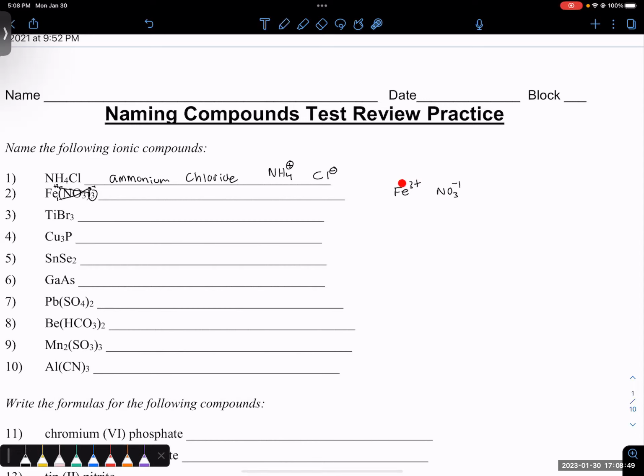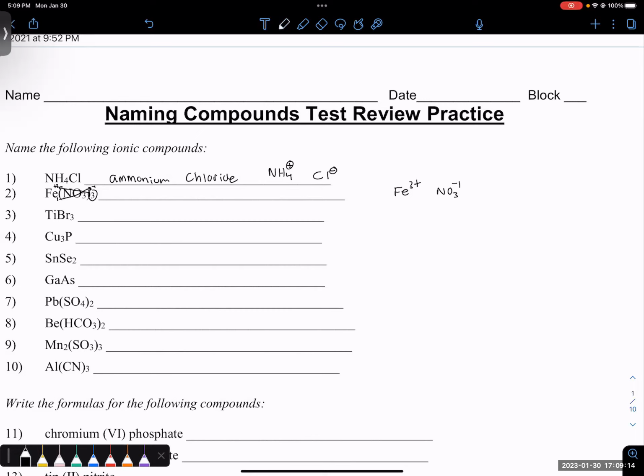So we know this is iron now. What is something we have to keep in mind when we're naming this compound? If it's an ionic compound, because it's 2 ions, what do we have to keep in mind about iron? What do we need to include with it in the name? Say it. The Roman numerals, right? To designate what charge it is.